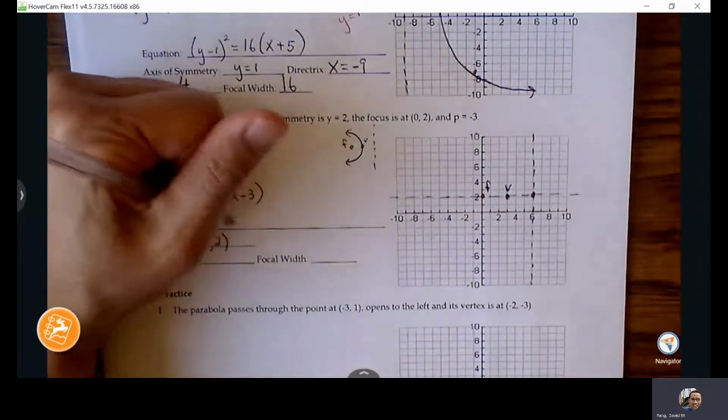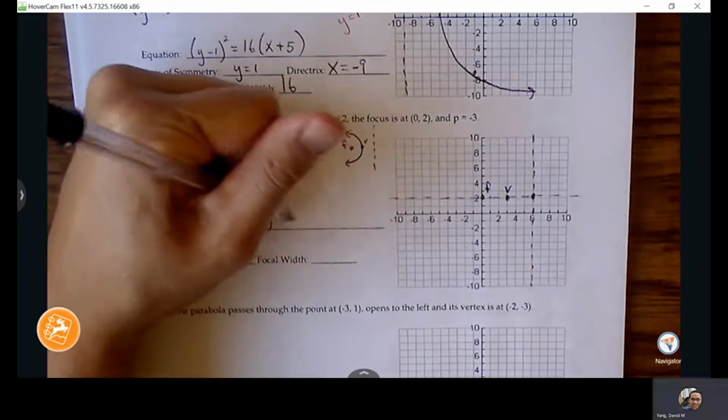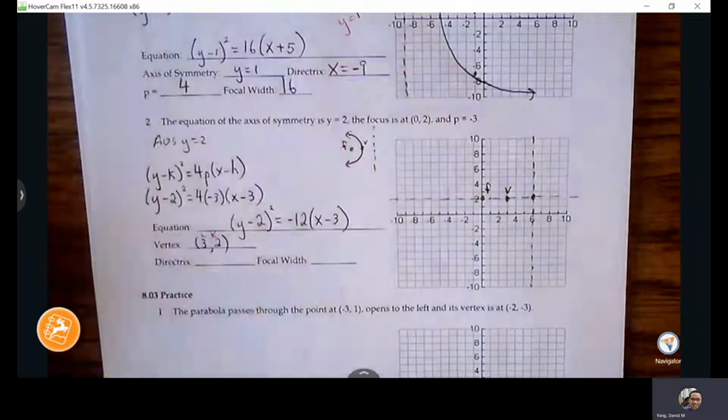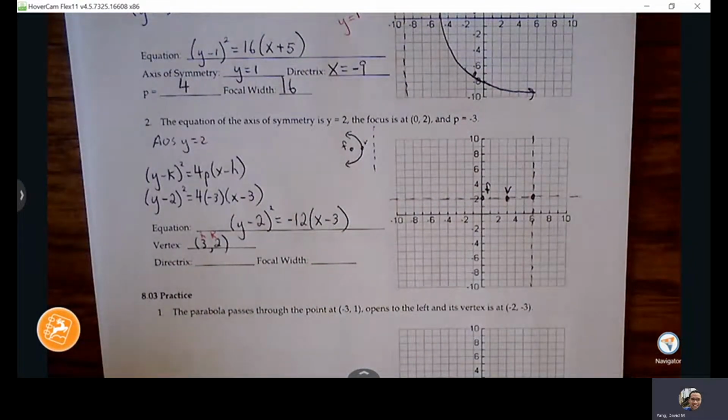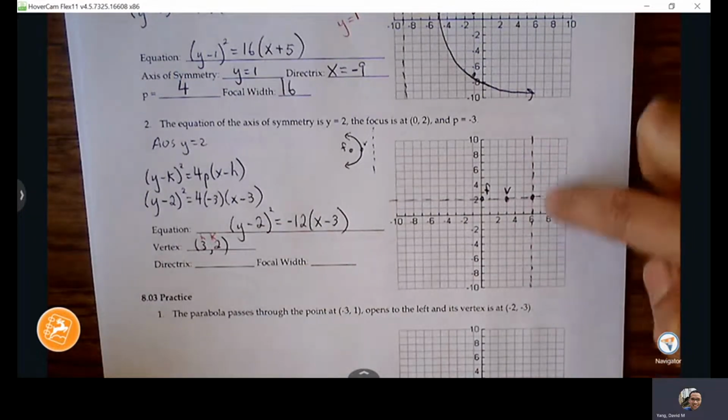Do a little bit of cleanup. Okay, directrix, x equals 6.